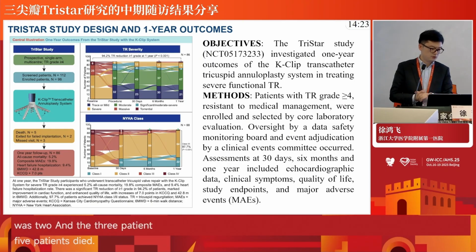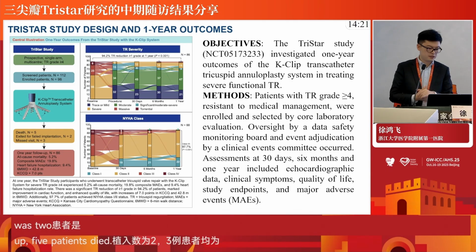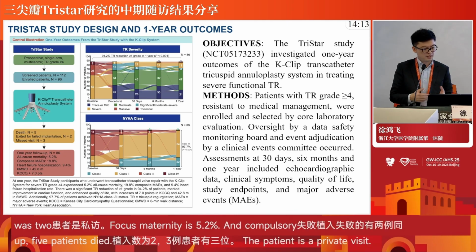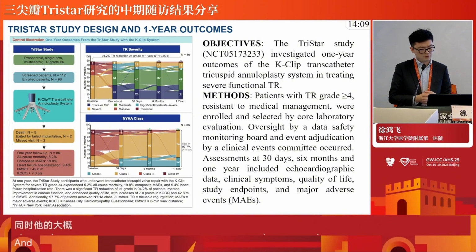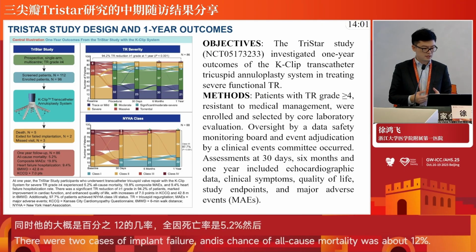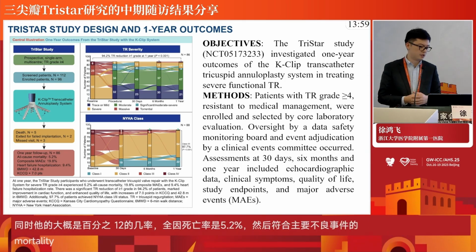The final result is all-cause mortality of 5.2%, composite major adverse events about 20%, and heart failure hospitalization rate about 9.4%. The 6-minute walk distance increased about 43 meters, and the KCCQ improved about 5 points.